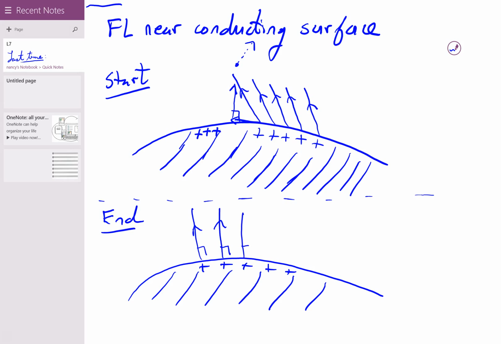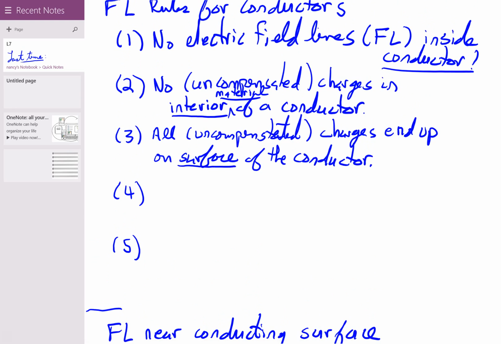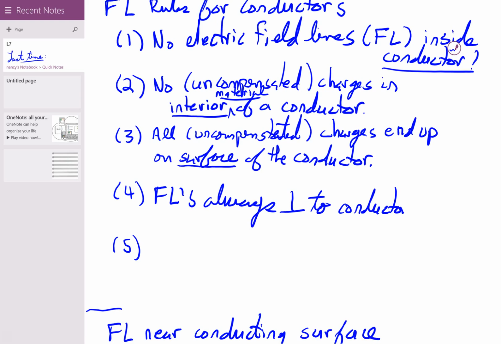If they are not pointing perpendicularly to the surface, there will be some component, either to the left or to the right, that would tend to drive my charges in one direction or the other until they are able to straighten up those electric field lines. So our fourth lesson here is that the field lines are always perpendicular to the surface of a conductor.